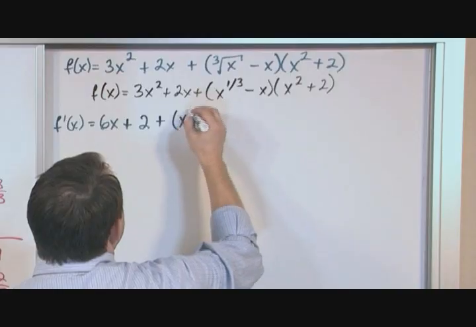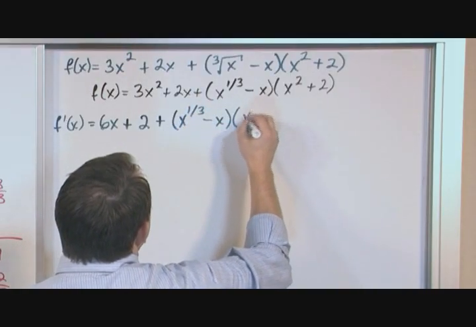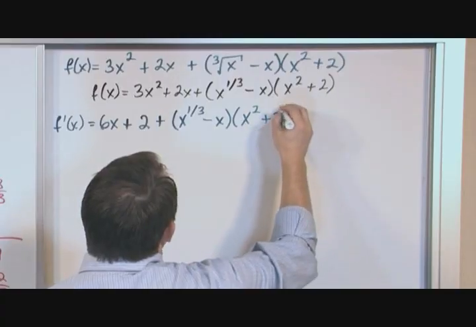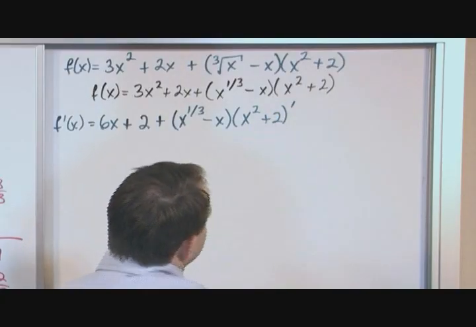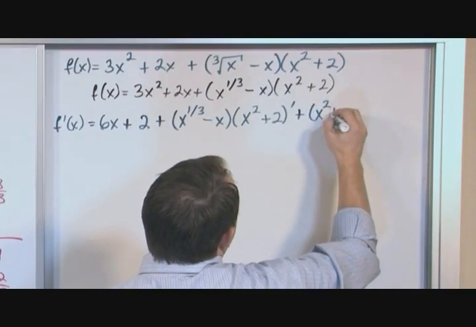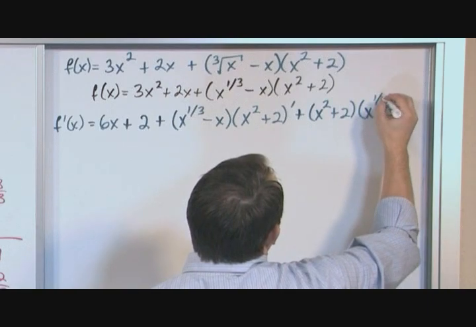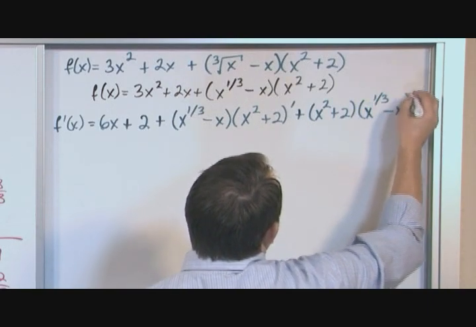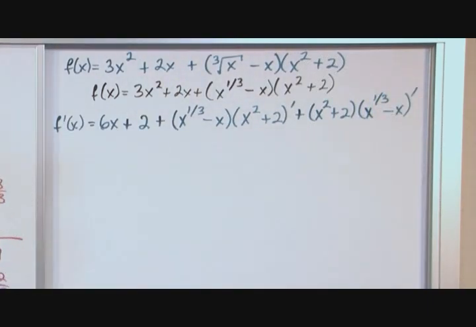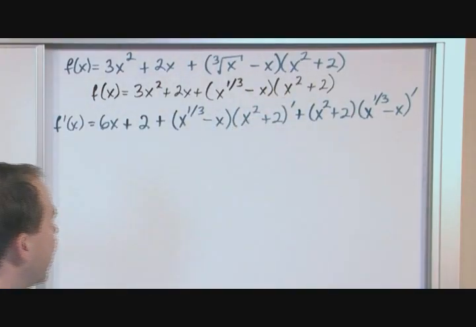So it's the first, 1/3 x to the 1/3 minus x, times the derivative of the second, x squared plus 2, prime, meaning take the derivative, plus the second term, x squared plus 2, times the derivative of the first term, x to the 1/3 minus x, take its derivative. So the rest of this entire problem is going to revolve around taking these derivatives and simplifying everything else that follows.